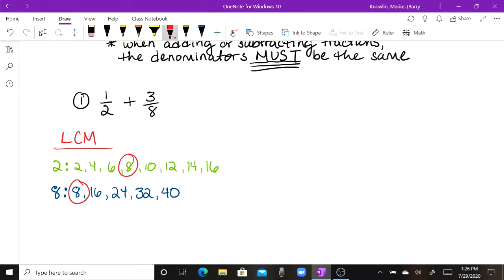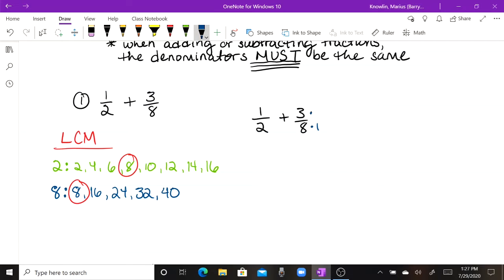Okay, so we know that for the 2, it's the fourth multiple, or 2 times 4, and for 8, it's the first multiple, or 8 times 1. So we're going to rewrite our problem here. We got 1/2 plus 3/8, and we want both of them to be 8. Well, I know for the 8, all I have to do to keep it as 8 is multiply it times 1.